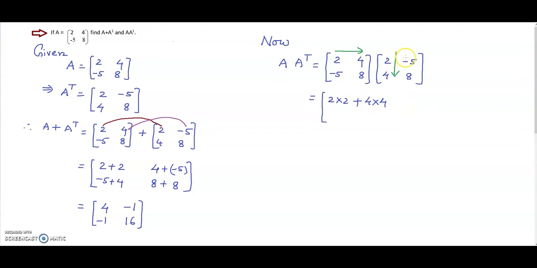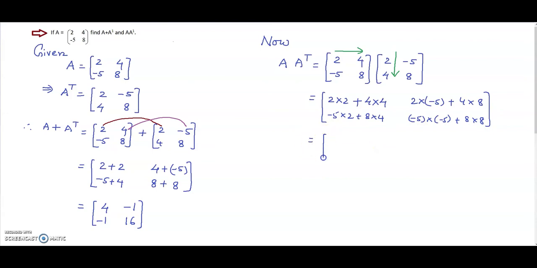Same way the first row is multiplied with the second column: 2 into minus 5 plus 4 into 8. Then the same procedure with the second row. Second row with first column: minus 5 into 2 plus 8 into 4. Then second row with second column: minus 5 into minus 5 plus 8 into 8.